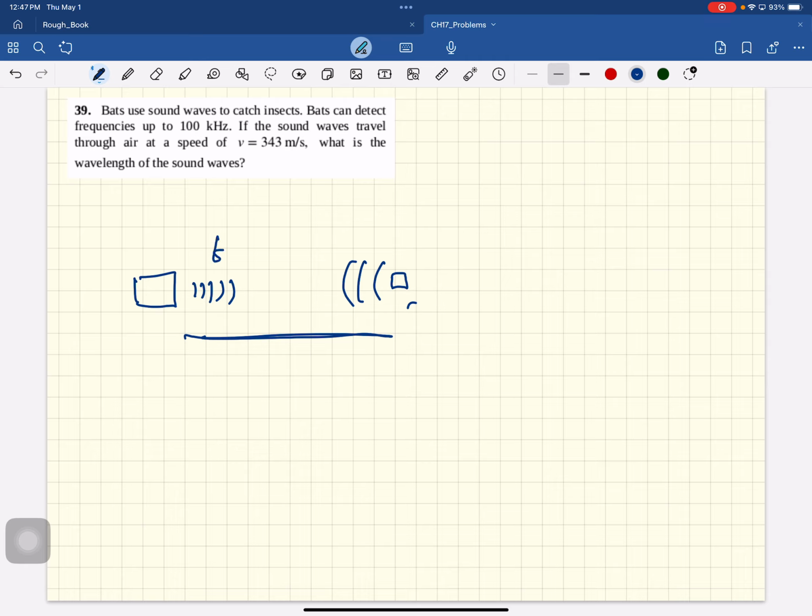This is the emitted frequency, and if the reflected frequency is the same as the emitted frequency, then the bug is at rest. And the intensity of reflection tells you how big the bug is. So intensity tells you the size of the bug. The frequency shift tells you the velocity of the bug. And the time delay tells you the distance of the bug.